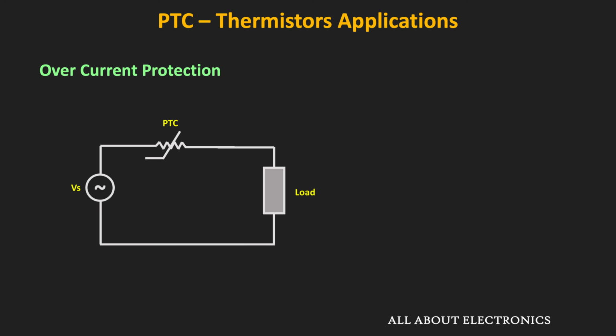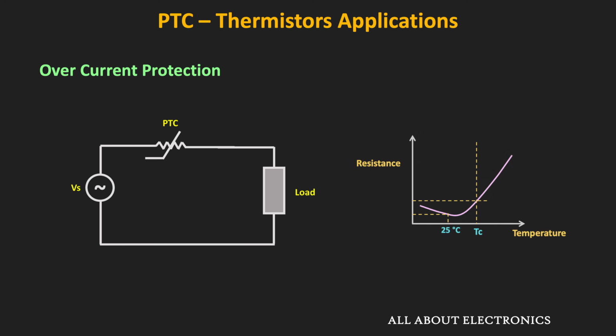But due to some fault, if the current in the circuit suddenly increases, then because of the self-heating, the temperature of the thermistor will also increase. Once it goes beyond the Curie temperature, its resistance will increase rapidly, and because of its increased resistance, it limits the excessive flow of current in the circuit. In this way, these PTC thermistors can be used for overcurrent protection.